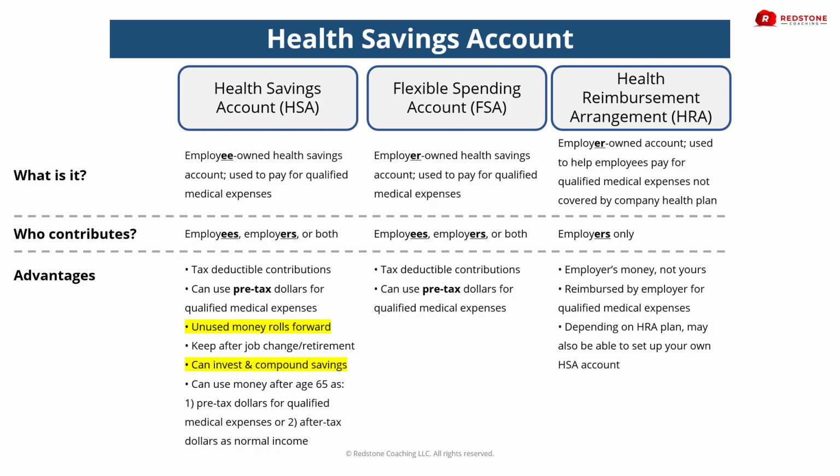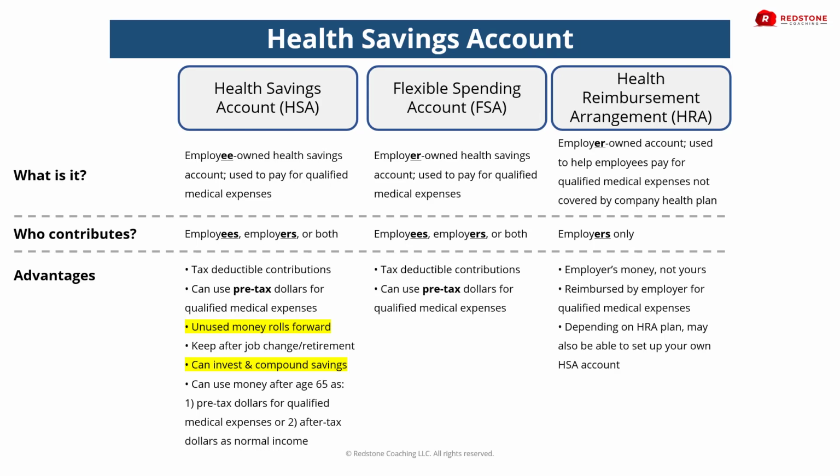And also because of that, you can invest the money and compound your savings. So in your HSA, over and above some limit, like 1,000 or 1,500 or 2,000, I don't know what that specific limit is, but over and above a certain amount, let's just make numbers easy and say it's 1,000. If you have $5,000 in your HSA and the limit's 1,000, then anything above 1,000 you can invest and grow over time.